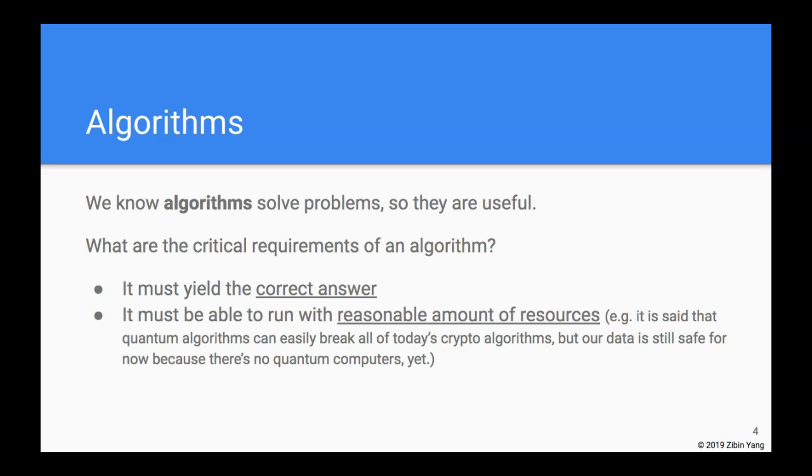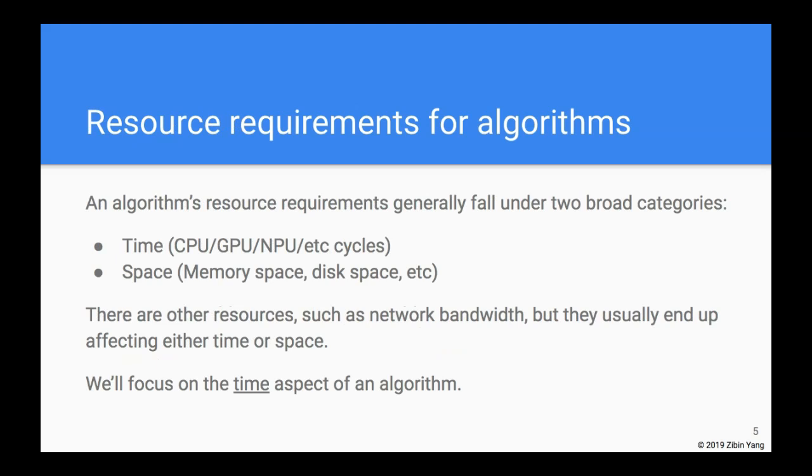However, most of our encrypted data is still safe from these quantum algorithms. Why? Because quantum computers don't exist. So all these fancy quantum algorithms, we cannot run them, right? So it's important to be able to run an algorithm given the resources that we have.